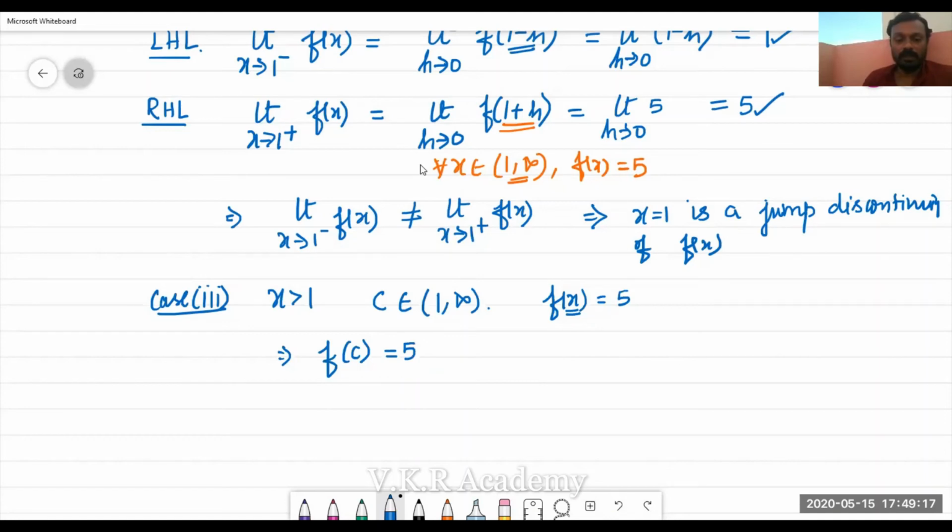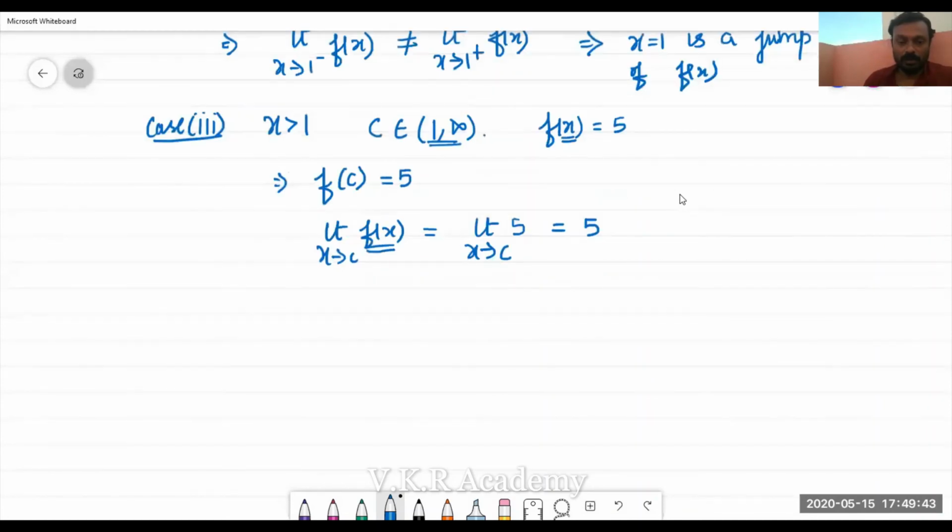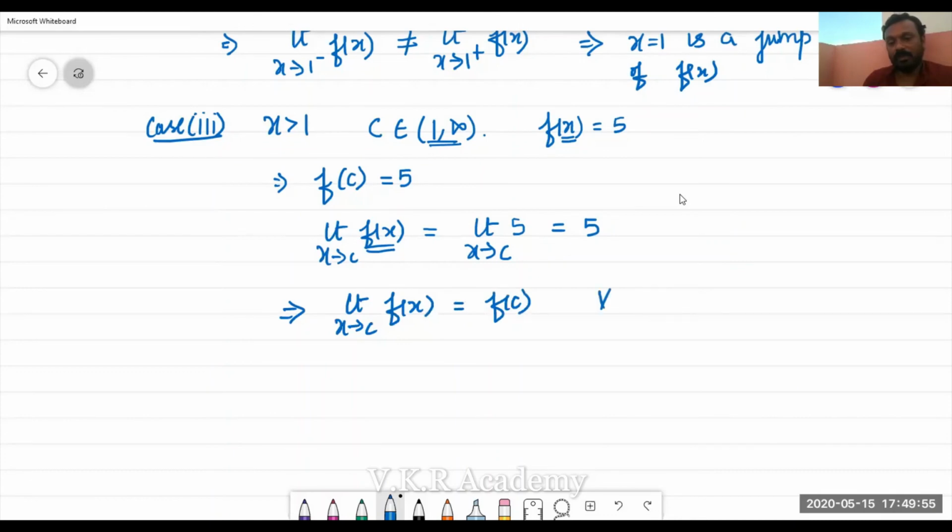Also, limit x tends to c, f of x is equal to 5, since c is in the interval 1 to infinity, where f of x is defined to be 5. Therefore, we can conclude that limit x tends to c, f of x is equal to f of c for all c in the interval 1 to infinity.